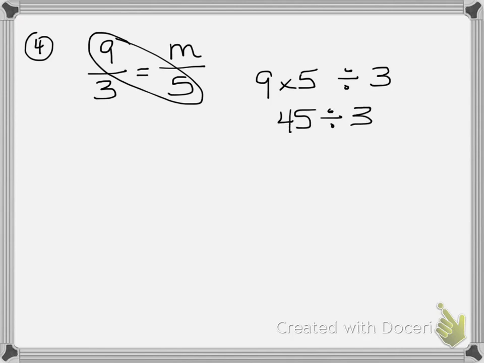And 45 divided by 3 is 15. So that is the missing number to the proportion. 9 to 3 equals 15 to 5. So that's how you find out missing numbers in your proportions. I use what's called the cross product property.